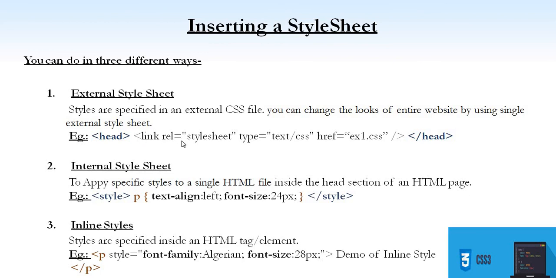Link rel means which type of file you want to include, that is stylesheet. Type is the type of that particular file, that is text/css, and href shows the name of that particular CSS file. The link tag should be used in the head part.